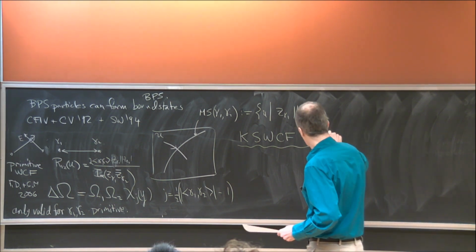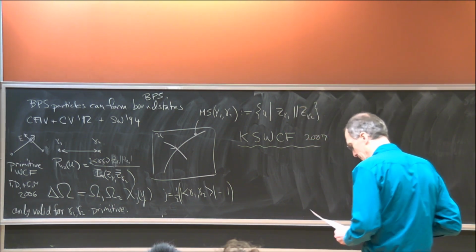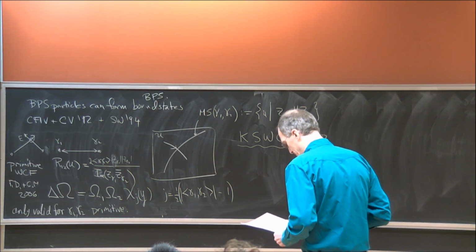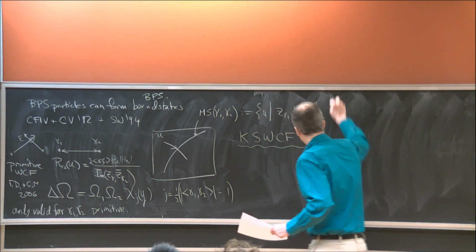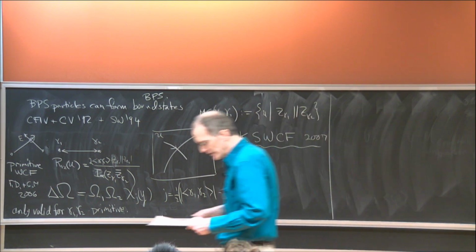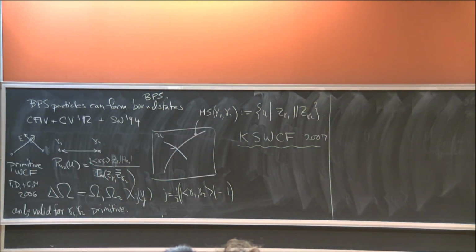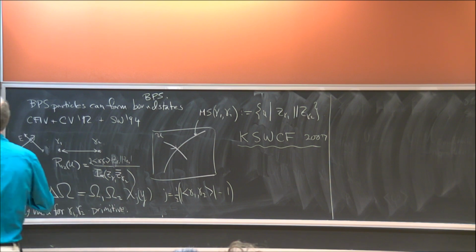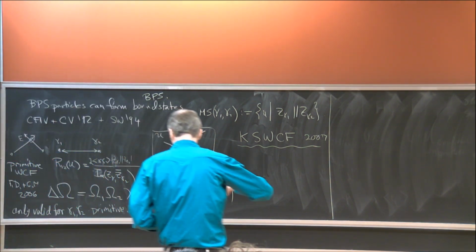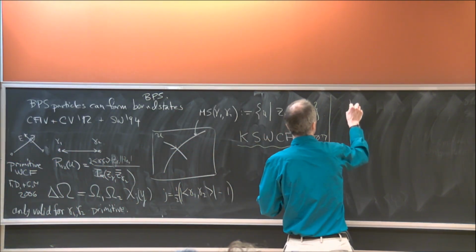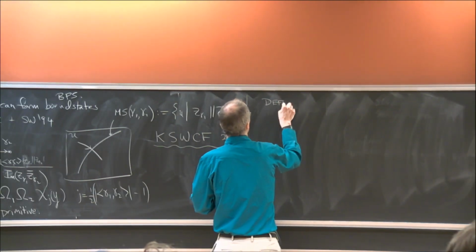But I hope you'll see that it's very natural physically. Now, this is where my project with Andy and Davide started, to give a field theory derivation of this KS wall-crossing formula. And to do that, it's not our original argument, but the best argument relies on defects. So now I want to move on to defects and their BPS states.